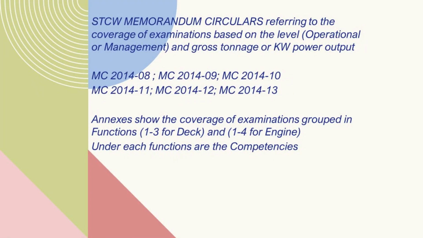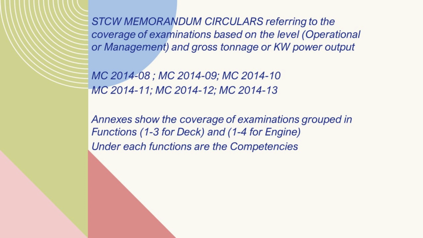So looking at the data that you have, aside from the STCW Code and Convention as amended, you also have to supplement that with certain memorandum circulars issued by the Marina STCW office, which give a better overview of the topics that will most likely come out in the examination.